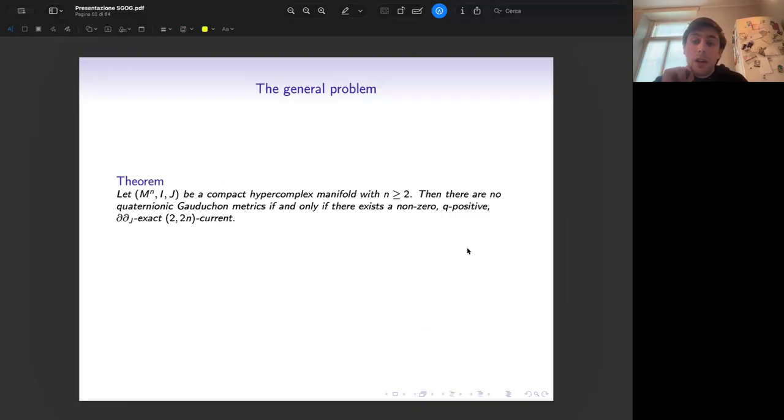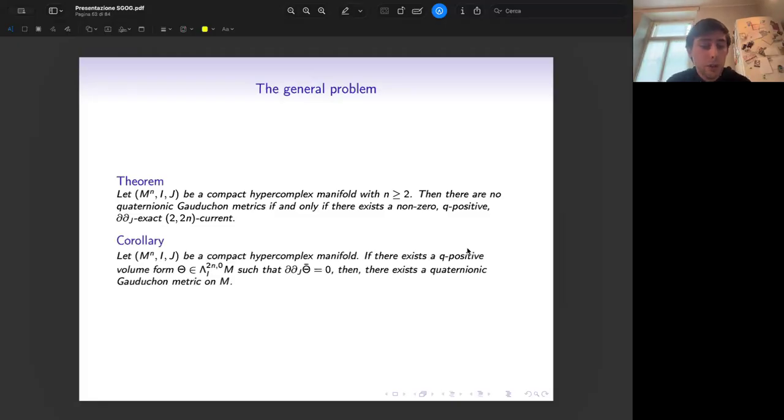The strategy of this theorem is the usual one as in complex geometry, but out of this we can find a sufficient condition. Whenever we have a Q-positive volume form theta which satisfies the following, so we require theta bar to be del-J closed, then we can actually find a quaternionic Gauduchon metric.